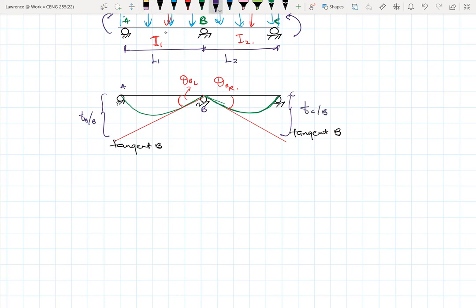This is from our days in the moment area method.